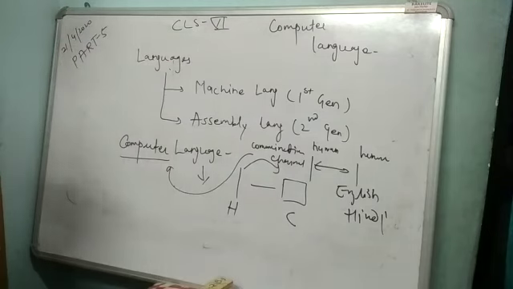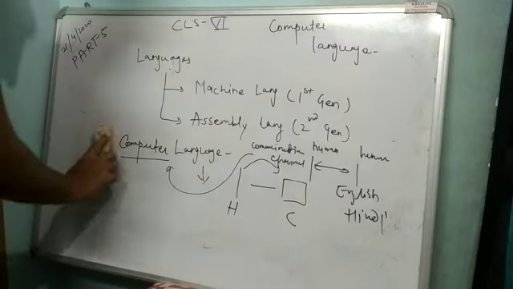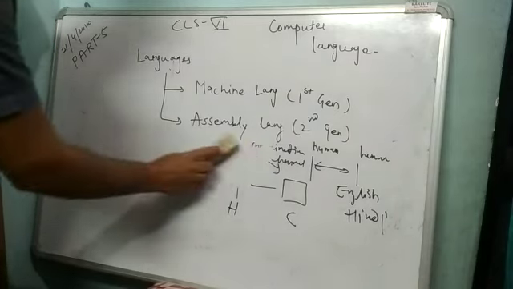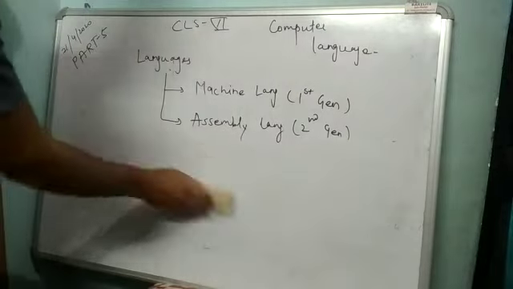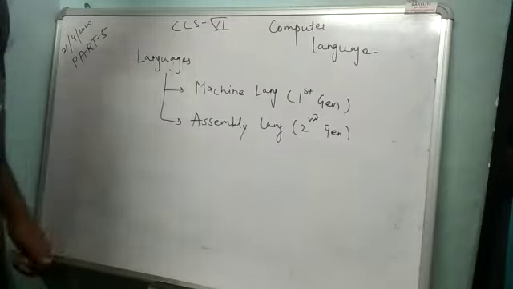We will see each and every language one by one. I hope you have understood the definition and role of computer language. And now let's see what machine language is.